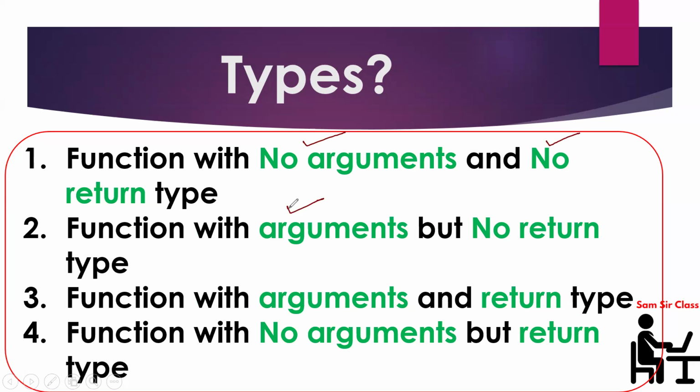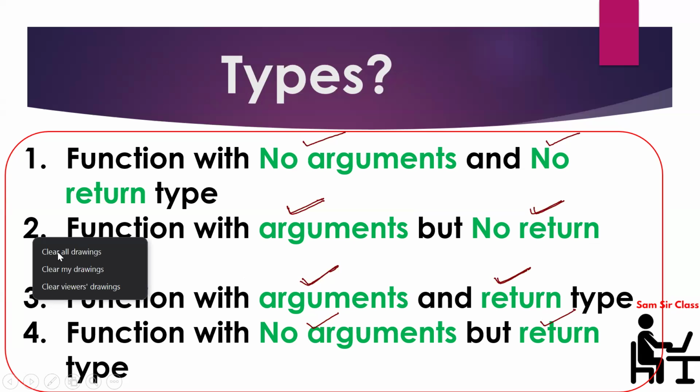Second category, you will pass arguments, but you will not return any value from the function definition. Third category, you will pass the argument and also return the value. Fourth category, you are not passing any argument, but you are returning a value. Let us understand this concept through four examples.